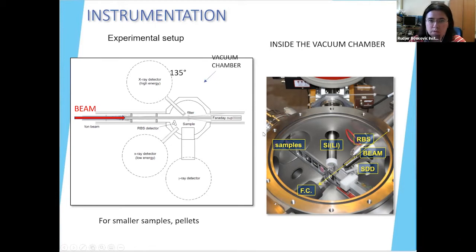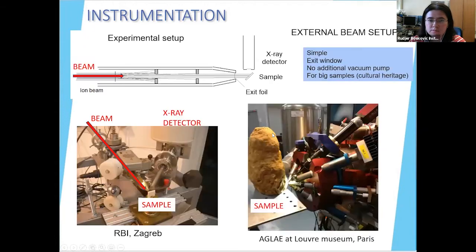But in case we want to measure some big samples, mostly from, let's say, cultural heritage, then we have this external experimental setup where your samples are placed in air. So you have the beam passing also through collimators, and then here what is crucial, we have the exit foil, which is the barrier between the vacuum part and the in-air part.